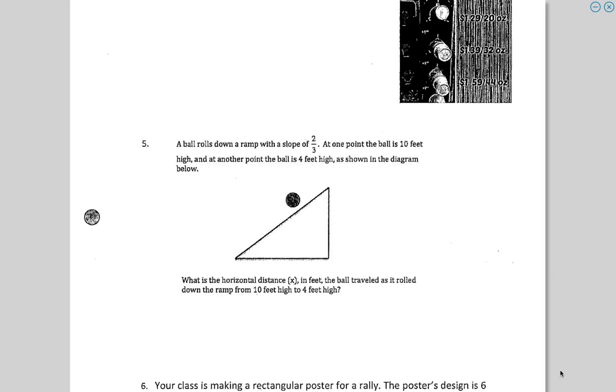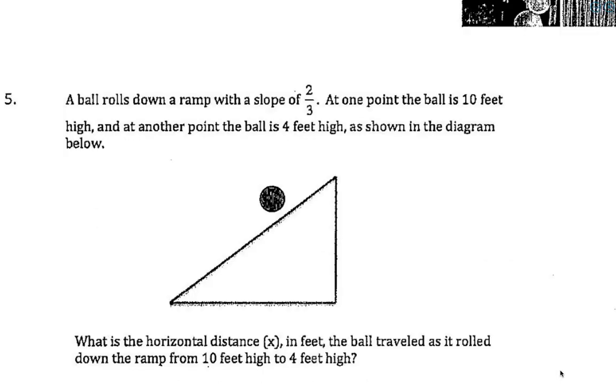Number 5, this is like the skier problem. Okay, we're dealing with slope. I'm just going to set this up a little bit for you. It says at one point the ball is 10 feet high. At another point, the ball is 4 feet high.